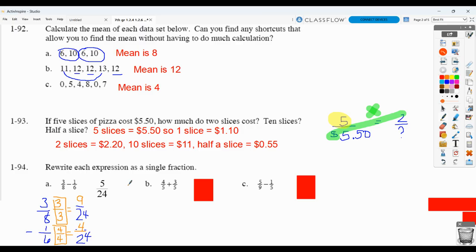Now, if that fraction can be simplified at the end, you should show that work as well. But again, what I want to see is the common denominator you used, what you multiplied for your giant 1, what the new equivalent fraction is, and then your answer. And again, if it can be simplified, show that. Now this one's a little bit easier because it already has a common denominator.